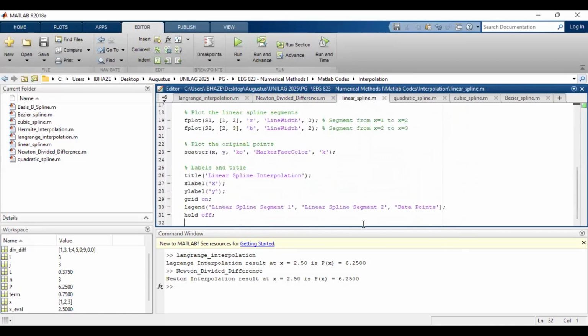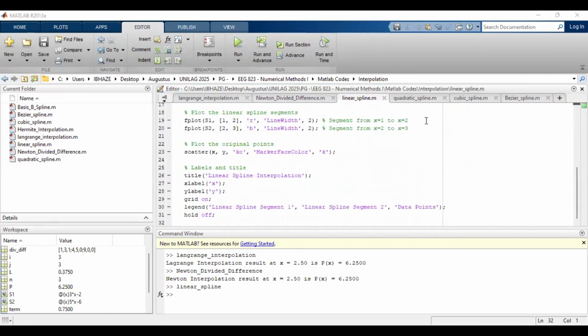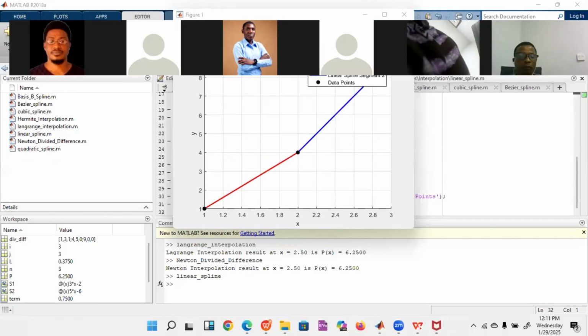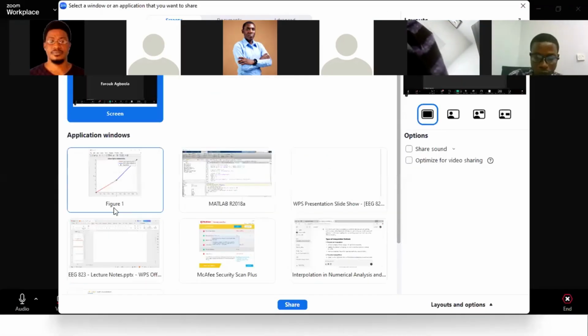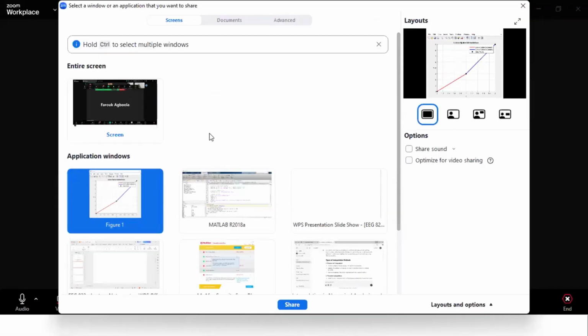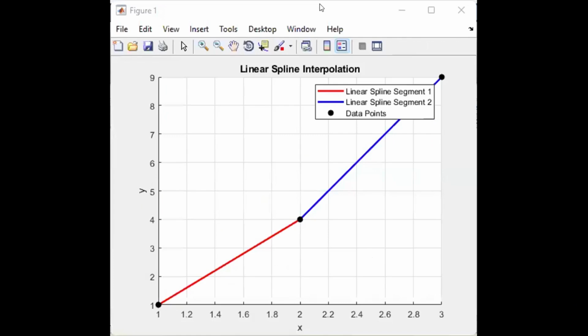Then for the linear spline, okay, so I need to share the graph. Where's my share button? So this is what we got from the linear. Can you see this plot, please?